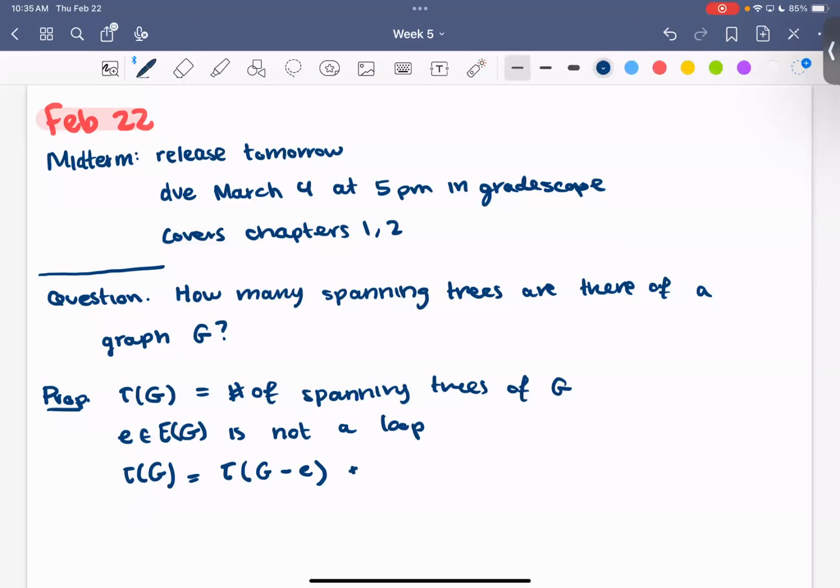The other piece is tau of G contract E. If we shrink that edge and merge the two vertices that are its endpoints, we get a graph which is G contract E, and computing the number of spanning trees of that tells you how many spanning trees of G do use that edge E. Okay, this is something that we proved last time. Are there questions?